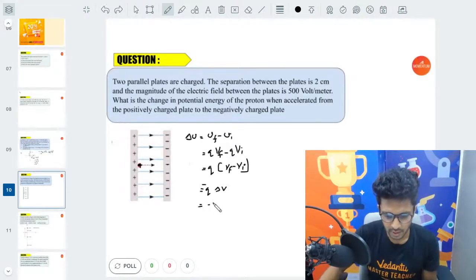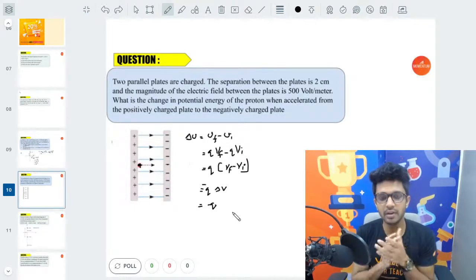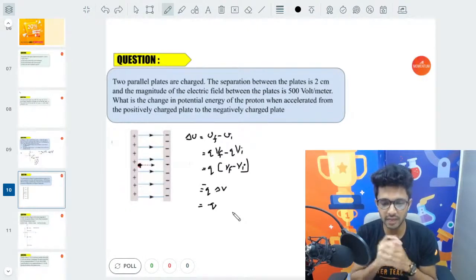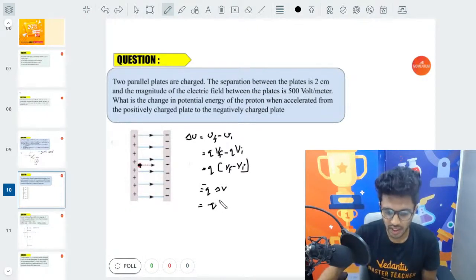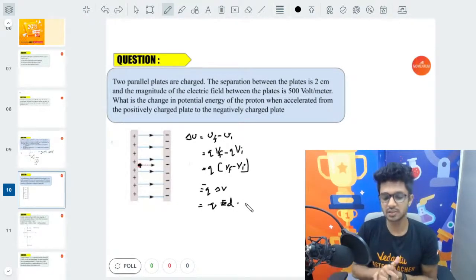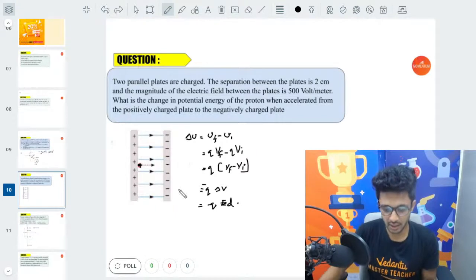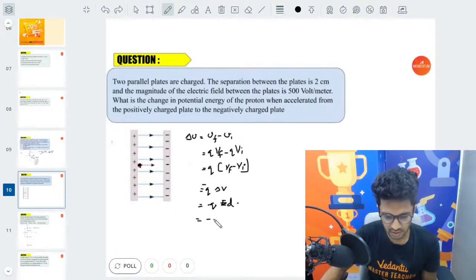Now it is equal to negative of Q into the potential difference. How can I find out the potential difference? Once the value for electric field is defined, it's very simple. You know that the potential difference is equal to electric field into distance between them. So this comes with negative of what? The charge of the proton, which is 1.6 into 10 power minus 19.